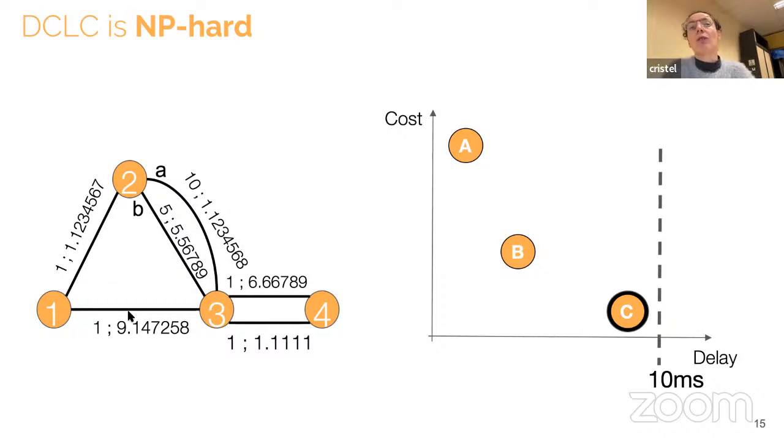Because if you want to extend this path and go to node 4, you can see that now the path C, which was the direct path between 1 and 3, is not viable anymore, because when you add the delay, which is 1 more millisecond, you will reach the delay constraint.